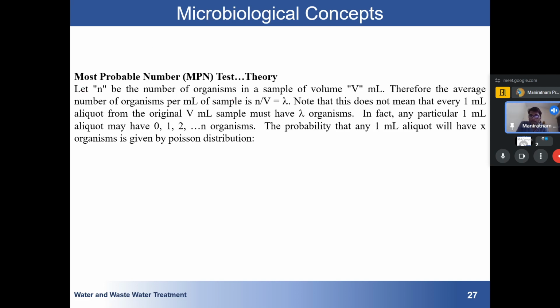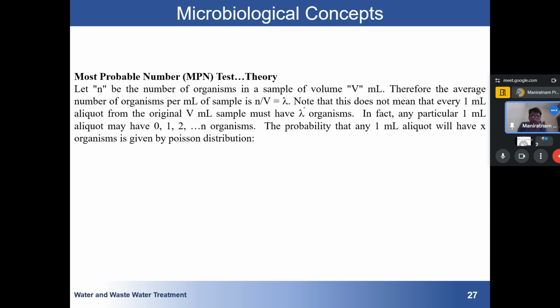Let n be the number of organisms in a sample of volume V ml. Therefore the average number of microorganisms per ml is n by V, known as lambda. Note this does not mean that every 1 ml of liquid from the original V ml sample will have lambda organisms.